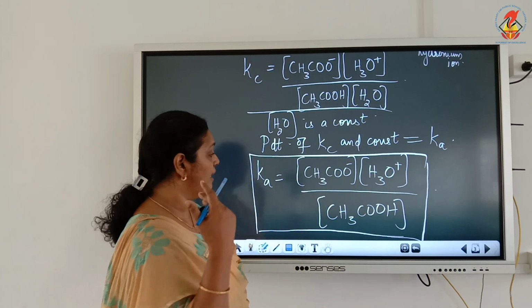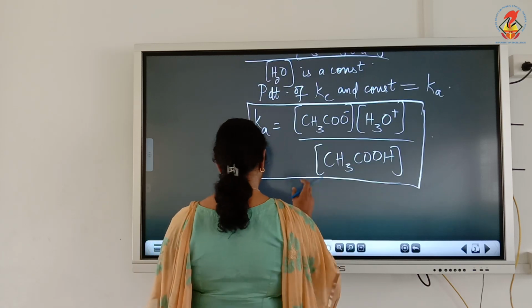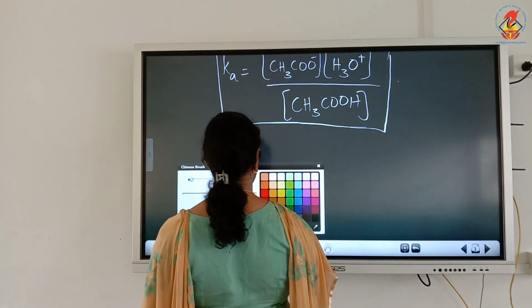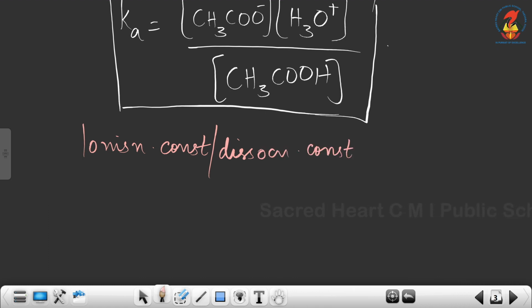Now, in the same way we can have an ionization constant for a weak base. So let's see next: ionization constant or dissociation constant for a weak base.